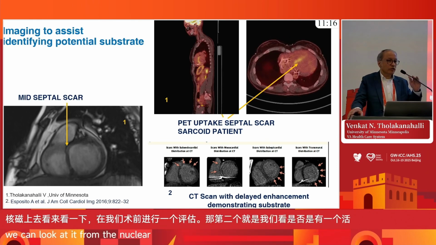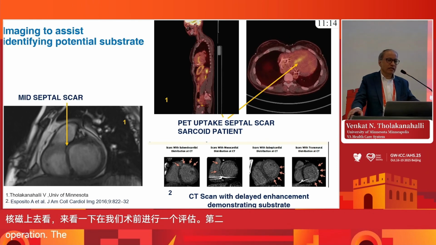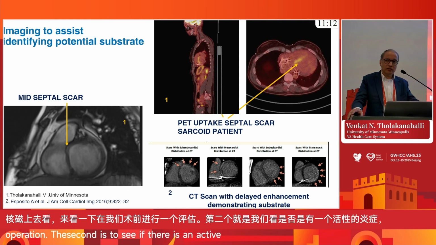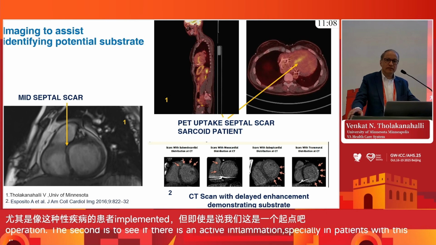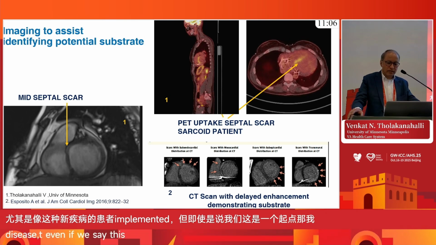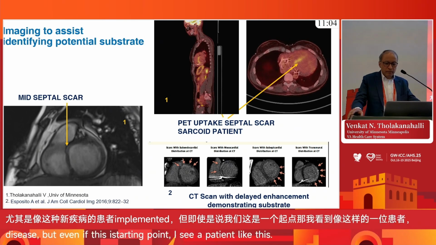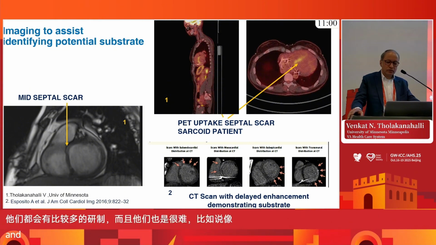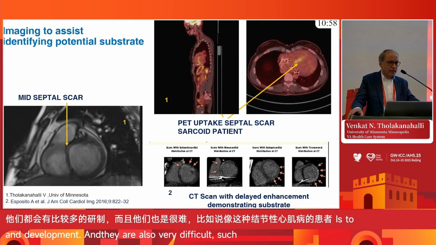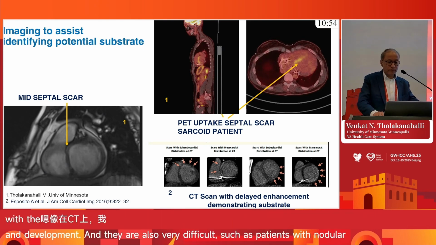Although you may or may not consider ablating in an acute inflammatory phase, at least it is a starting point. Sometimes you may have to take these patients because they have a storm and you cannot control them. Equally important, when MRIs are less feasible, is to do a CT scan with delayed enhancement. It's still a possibility of identifying the potential substrate as well.